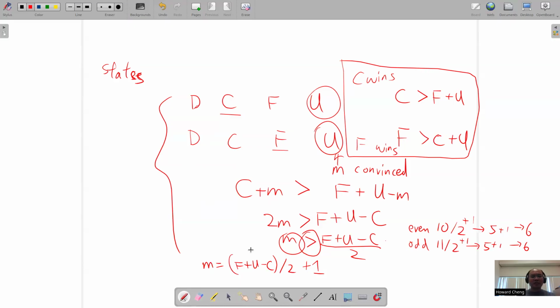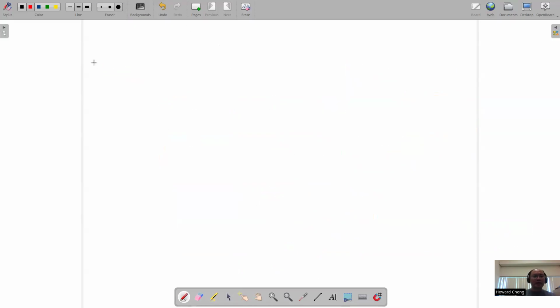So each state has this number of people you have to convince. All right. Now what do we do? Again, we have a bunch of states. For each state, you have a D, you have a C, and you have a U. And we can also have the M. M is the number that we compute.